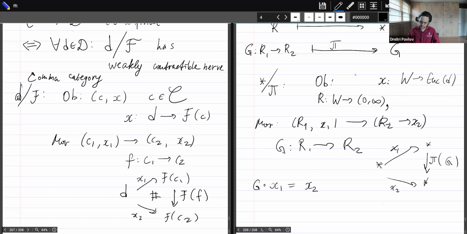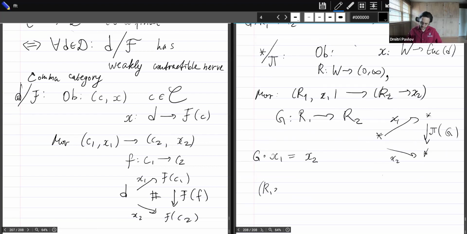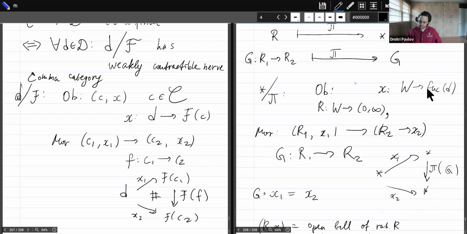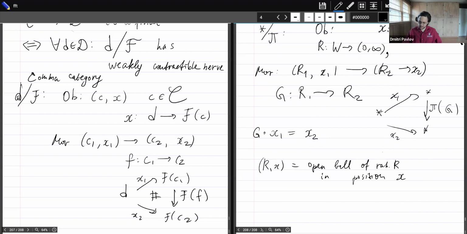So x is not restricted like G. So I think of (r, x) as an open ball of radius r placed in position x. So x is an element of the Euclidean group. You can act by this element on the open ball, and it will move it to some position inside Rd.